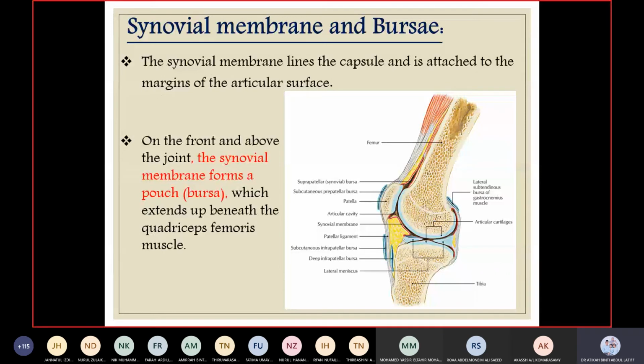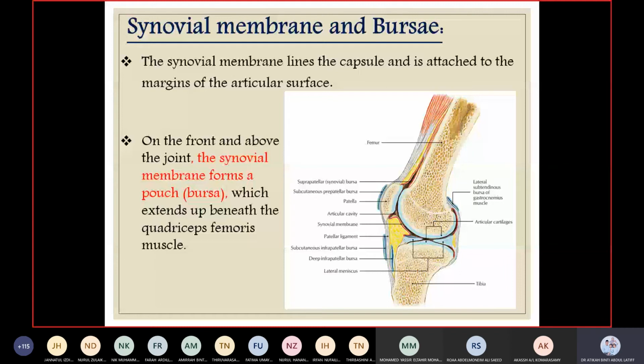Another structure that you can find in the joint is the synovial membrane and bursa. The synovial membrane lines the capsule and is attached to the margin of the articular surface. On the front and above the joint, the synovial membrane forms a pouch, which is the bursa, which extends up beneath the quadriceps femoris muscle.